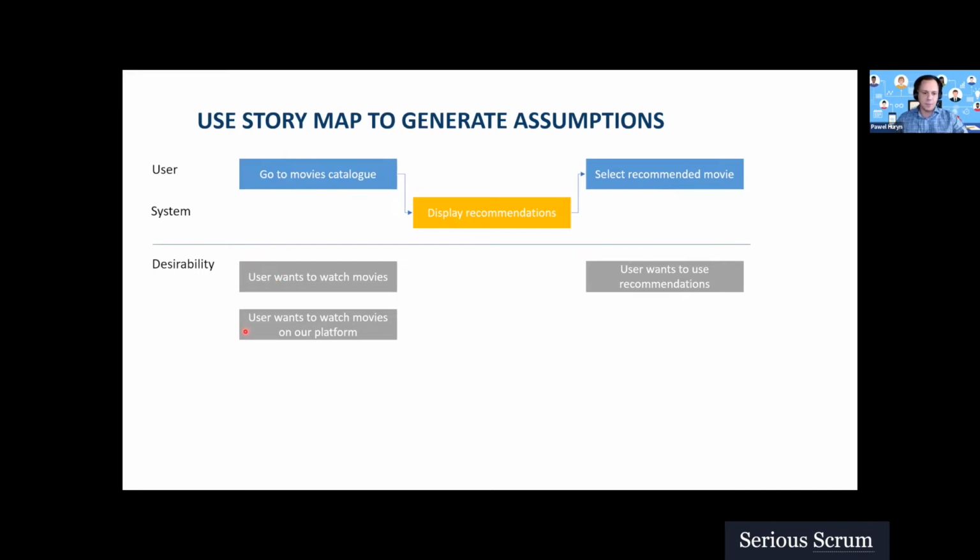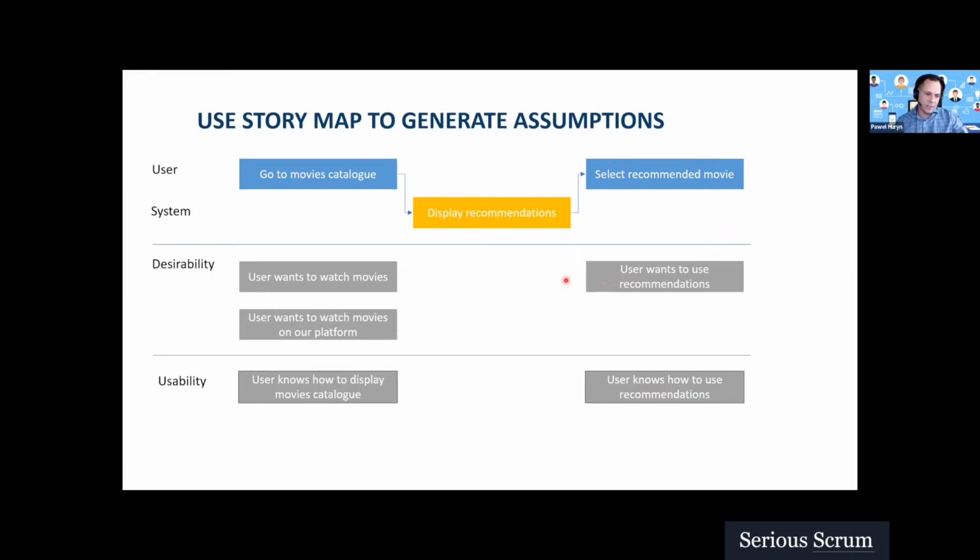Another assumption may be that the user wants to watch movies on our platform. Maybe they are looking for movies on YouTube, another type of movies. For select recommended movie, after displaying recommendations, the assumption may be that the user wants to see recommendations. Maybe they don't care about recommendations, even if we display the best recommendations in the world.